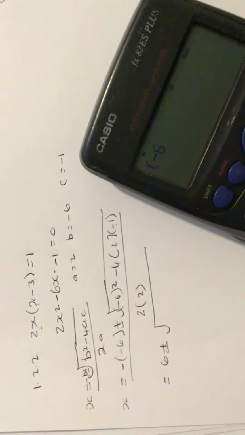You can also do it this way: 6 plus square root of 44 over 4. Right, that's the answer, which is about 3.2, because they said 1 decimal, so 1 decimal is okay.